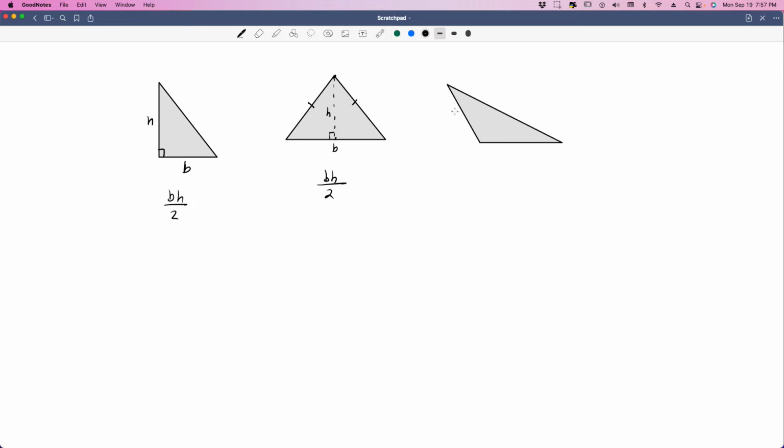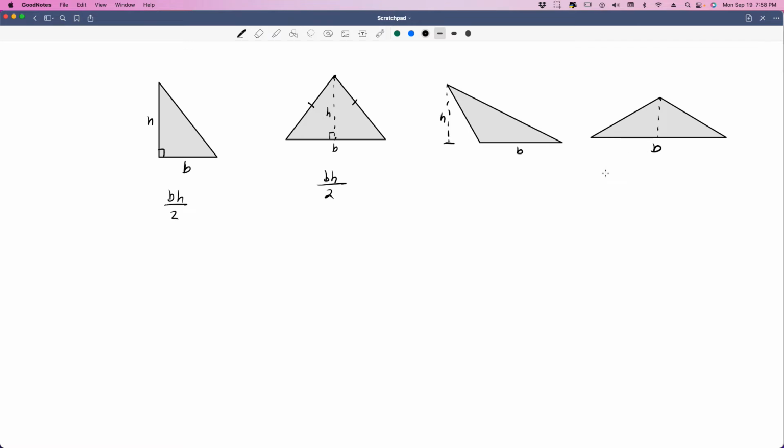Well, there's two things you can do with one like this, right? The first thing is you can find the height of the triangle here on the outside of the triangle. That's still a valid height. And then you use this base, this length right here. Or you can take this triangle and you can flip it around to where it looks like that, and then you could find the height here and use this base.